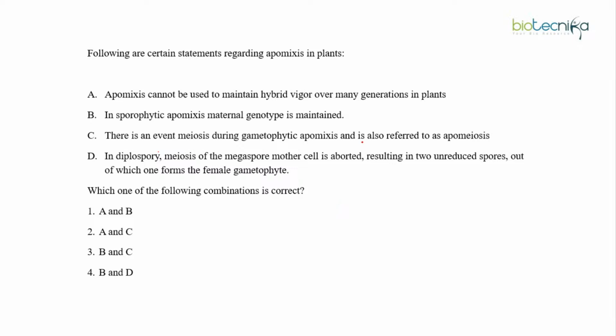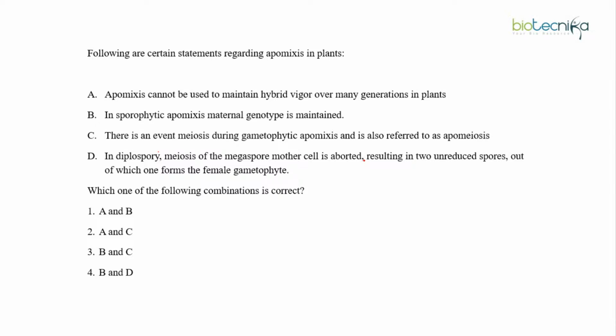If it is apospory, then you have the nucellar cells giving rise to the embryo sac. We call it an apomictic embryo sac. This is the most common type of apomixis in higher plants. In this case, the initial cells differentiate and undergo mitosis to produce the embryo sac.